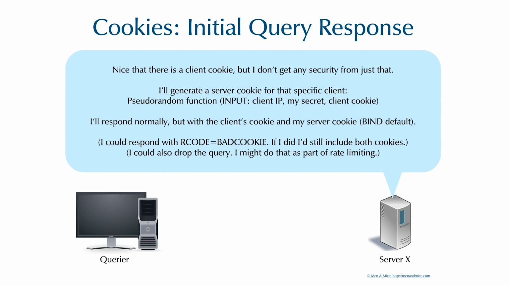So he's going to send back the client cookie. That's part of what comes back. And now the server responds normally. So if it's NXDOMAIN, he says NXDOMAIN. If it is a positive answer, he sends an answer in the answer section.